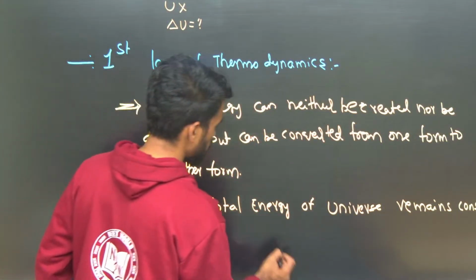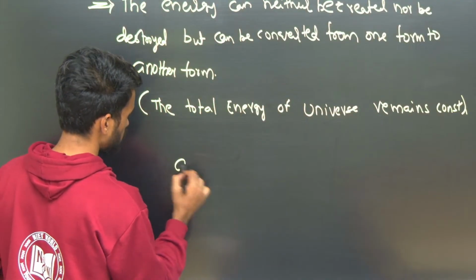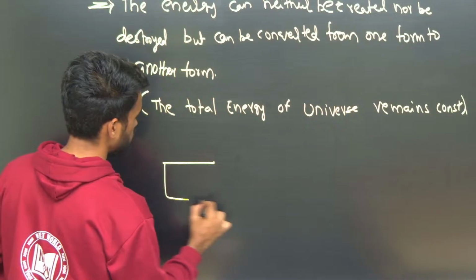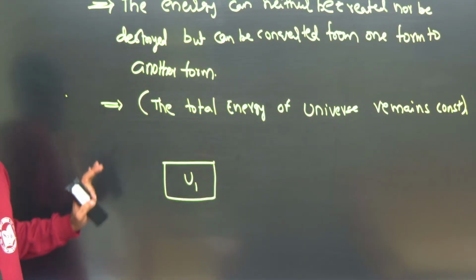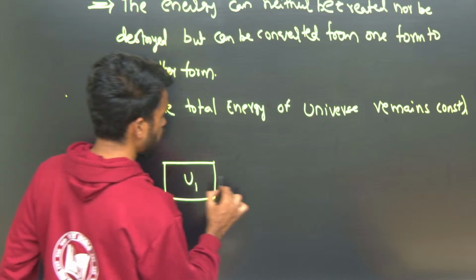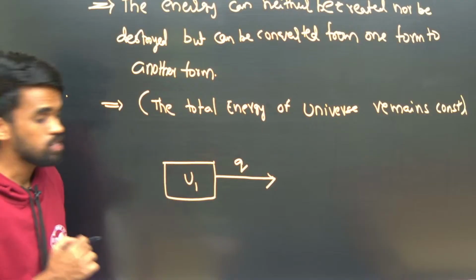So for example, I have a system having U1 amount of energy, the internal energy of that system. Now I am supplying Q amount of heat to it.